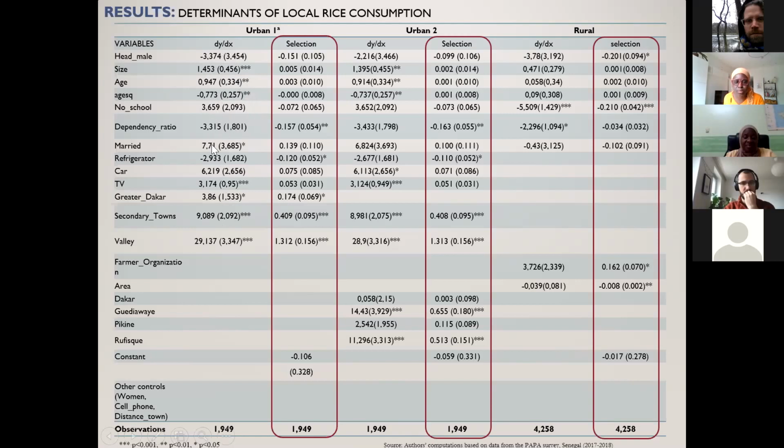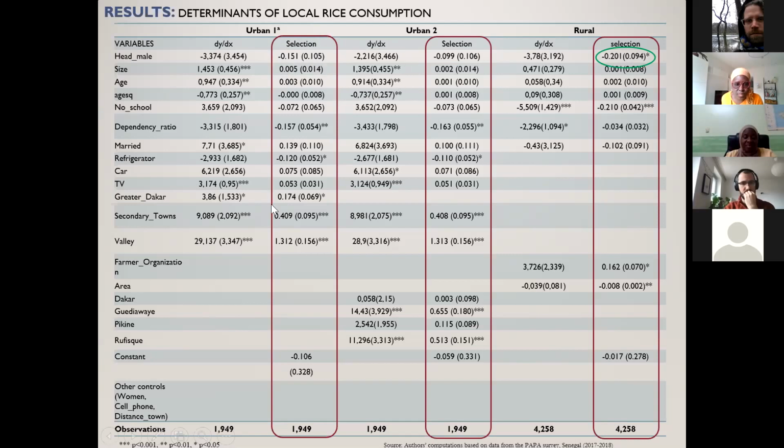So we reported the marginal effects, but we will mainly concentrate on the decision to consume or not in this presentation for a matter of time, and we would like to have some comments and suggestions for our work. As we can see here, there are some socio-demographic characteristics that affect the decision to consume local rice. We don't have the same determinants between urban and rural households, but before going to that, it's important to note the difference between the two models that we have for urban households.